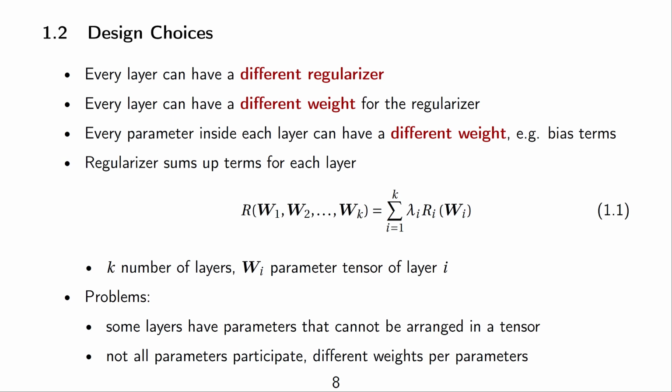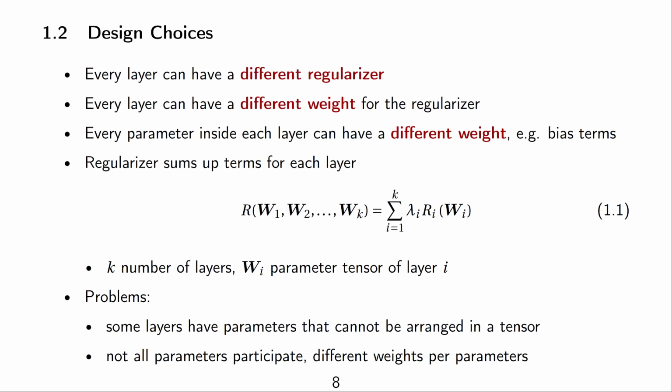Let's just start top down. Having a complete neural network, we can have a different regularizer for each layer of the network. Then, combining the regularizers for different layers, we can use different weights for the regularizer of each of the layers.